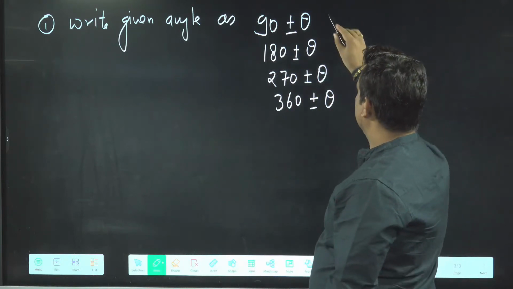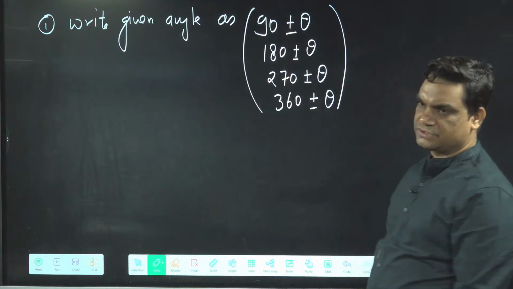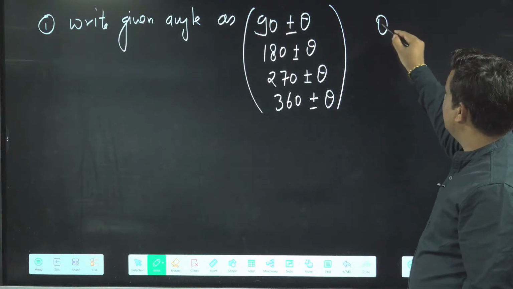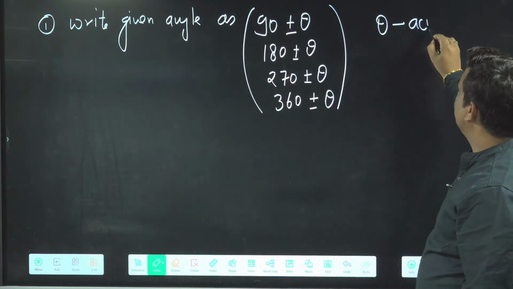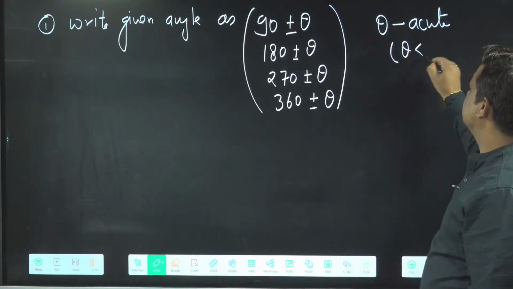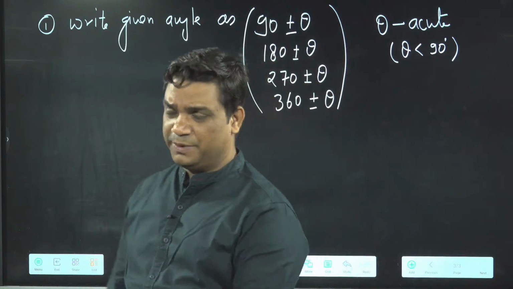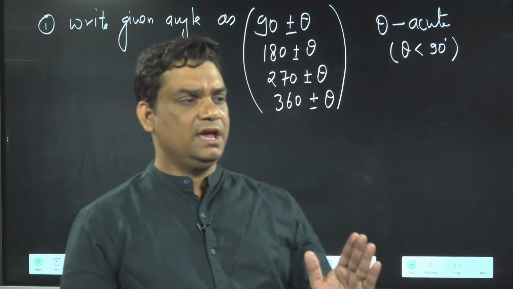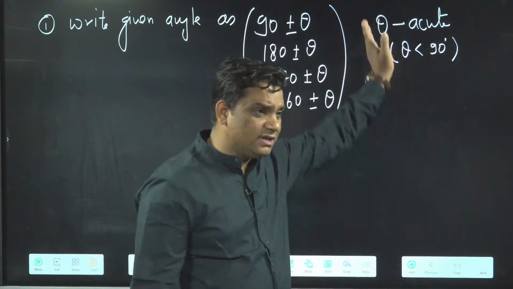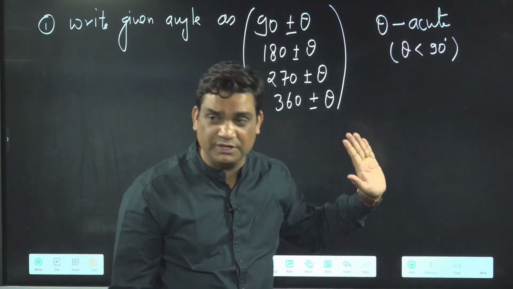And theta should be acute. You know what acute is: theta should be less than 90 degrees. When we are writing this way, we have to take theta to be less than 90. Theta must be acute. So any given angle can be written like this. This is the first rule we need to go by.